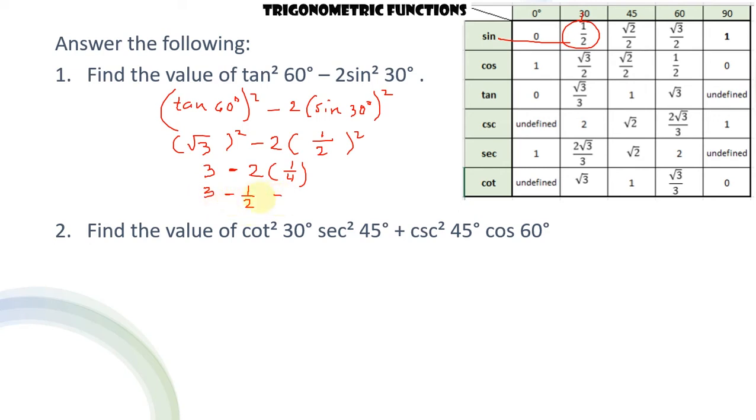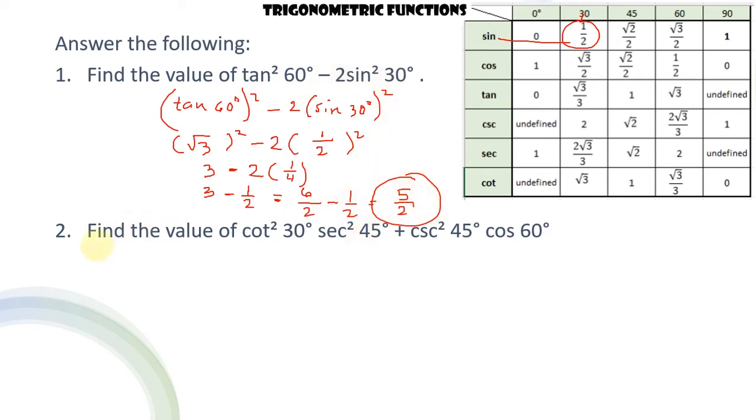So this whole number will be transformed to 6/2, and then minus 1/2. So the exact value here is 6 minus 1, that will give us 5/2. So this is the exact value of tangent squared 60 degrees minus 2 sine squared 30 degrees.